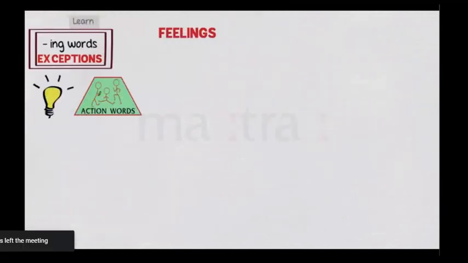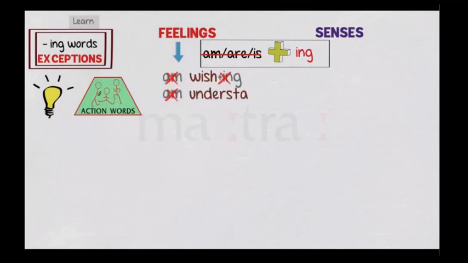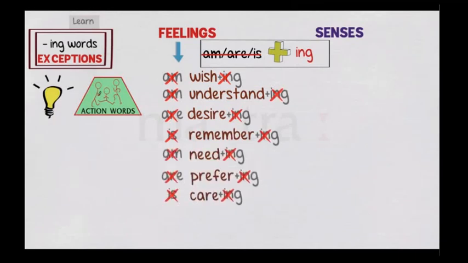The trick is to remember action words that show feelings and senses are normally not used with am, are, is, and ing words. For example, feelings like wish, understand, desire, remember, need, prefer, care.